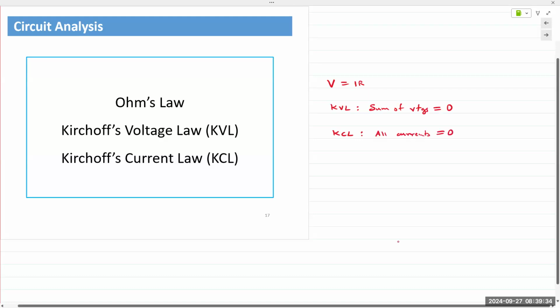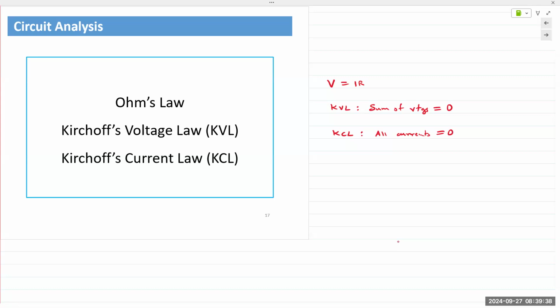And that's it. We take these 3 equations and we combine them in multiple ways, and we create new analysis techniques. But everything that we need to solve a circuit or any kind of circuit is Ohm's law, KVL, and KCL. That's what all the entire circuit analysis is built on.